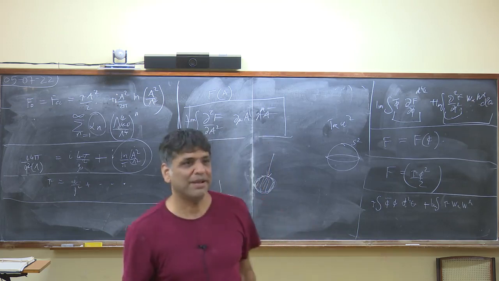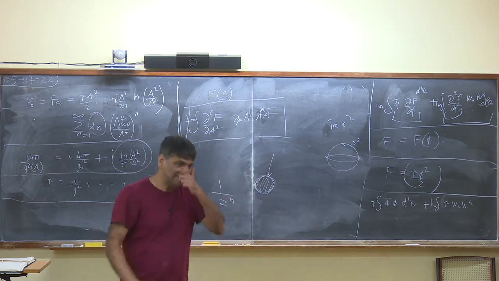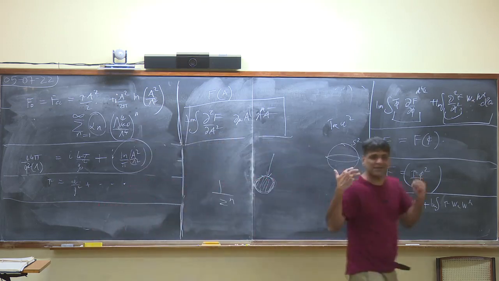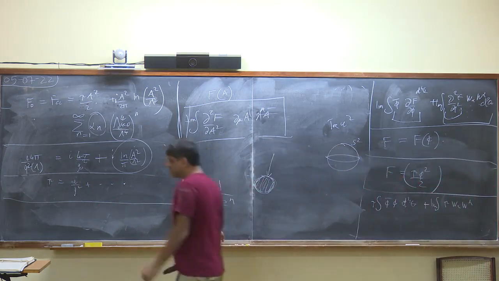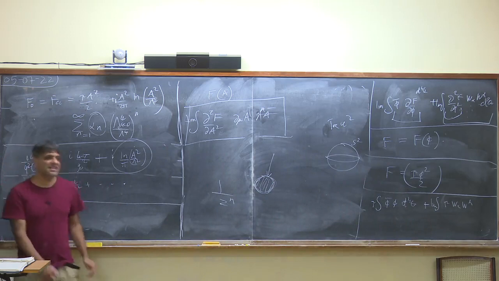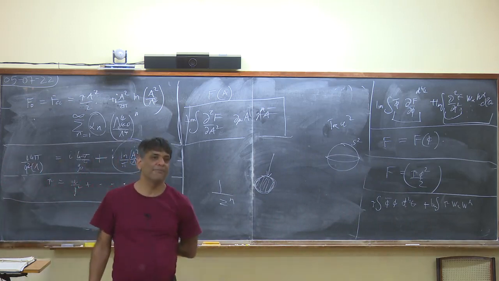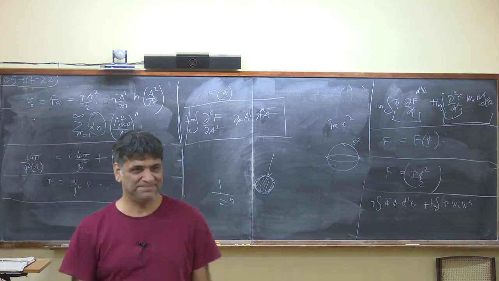So let me explain what I mean by this. Okay? So now we're coming to the key physics of the Seiberg-Witten paper. The key physics of the Seiberg-Witten paper is that of duality of U1 gauge theories.